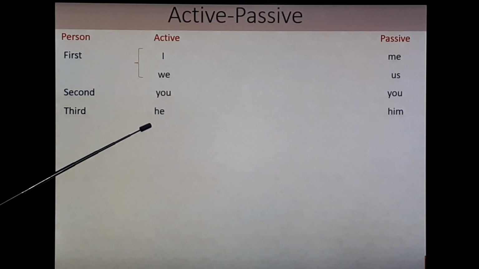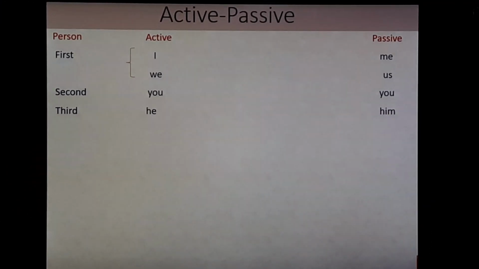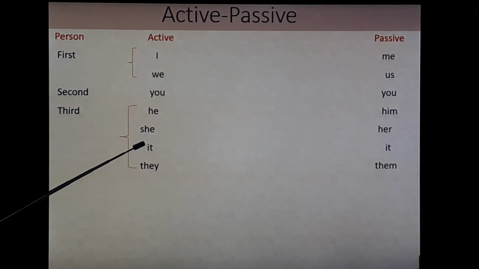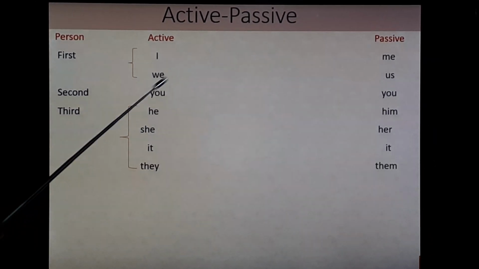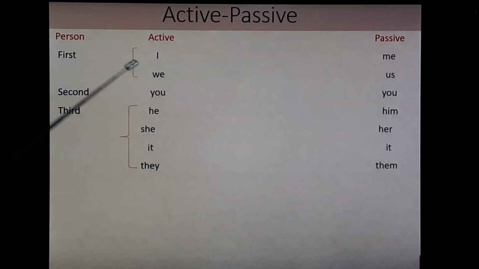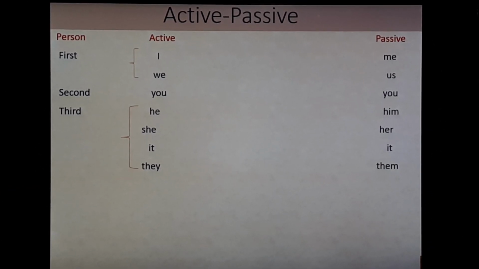If he is given, then he changes to him in passive voice. She changes to her, it to it, and they to them. So all these things you have to learn by heart.